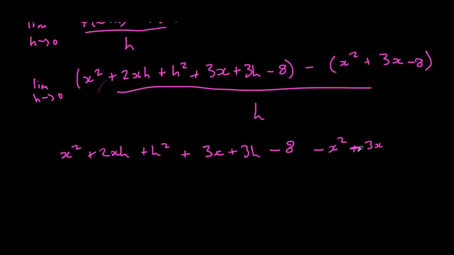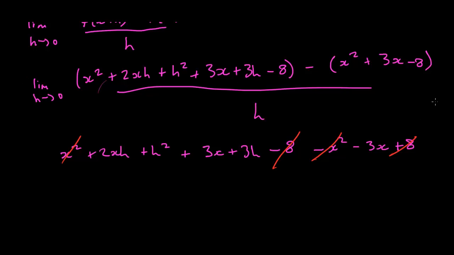So I'm just going to make that more clear: minus 3x plus 8. Now we can see quite a few things cancelling out. I'm going to use a red color just to show you. This minus 8 cancels out with this plus 8, so these two cancel. And then we have the x squared cancelling out with negative x squared, so that goes as well. And we're left with this function over h, obviously.